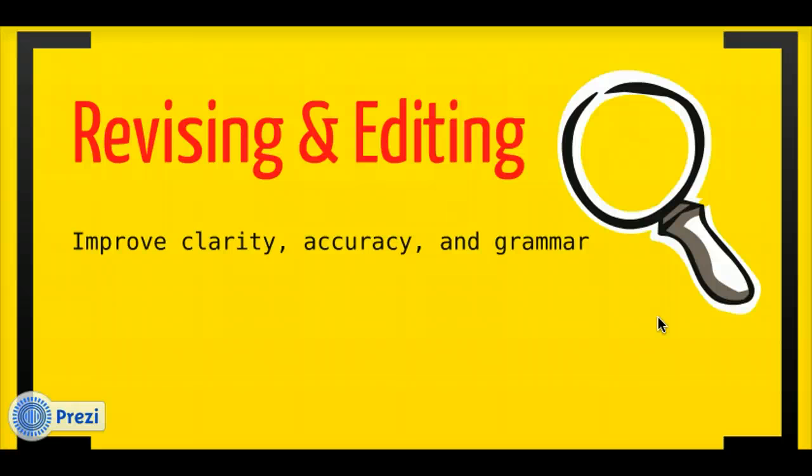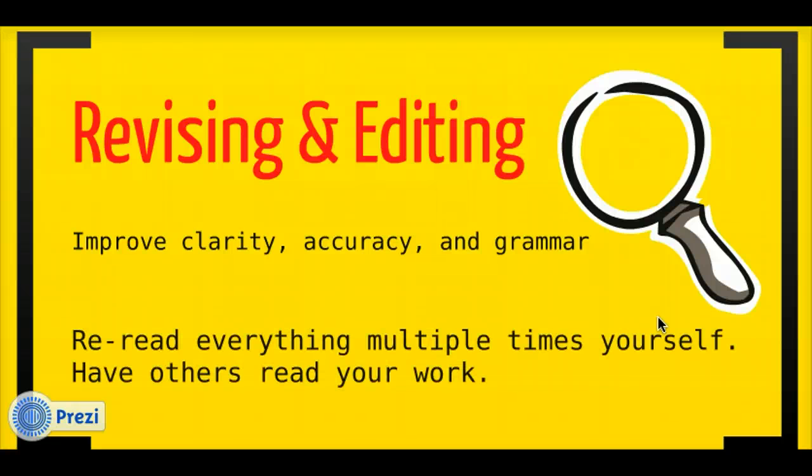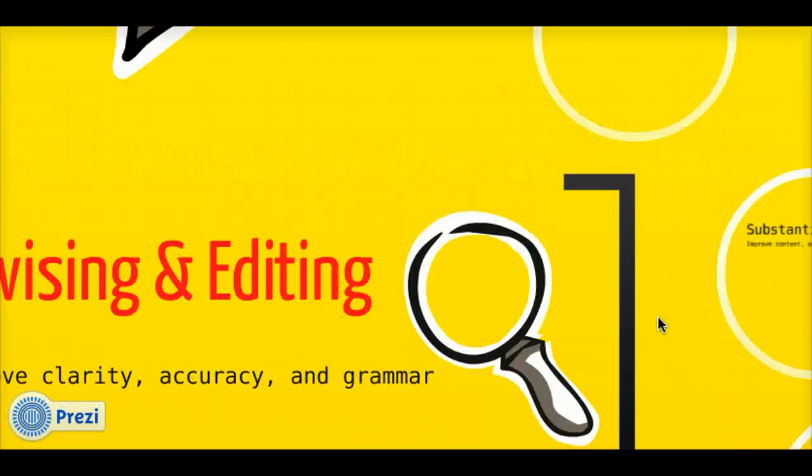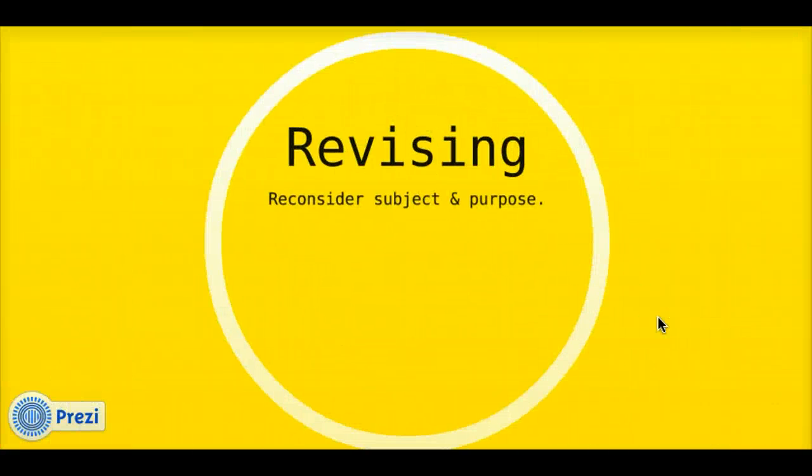Revising and editing is where you will improve the clarity, accuracy, and grammar of your document. You'll do this by rereading everything multiple times yourself, and it's always good to have others also look over your work before submitting it. There are different types of editing. First, we have revising, which is where you reconsider the subject and the purpose of your document.